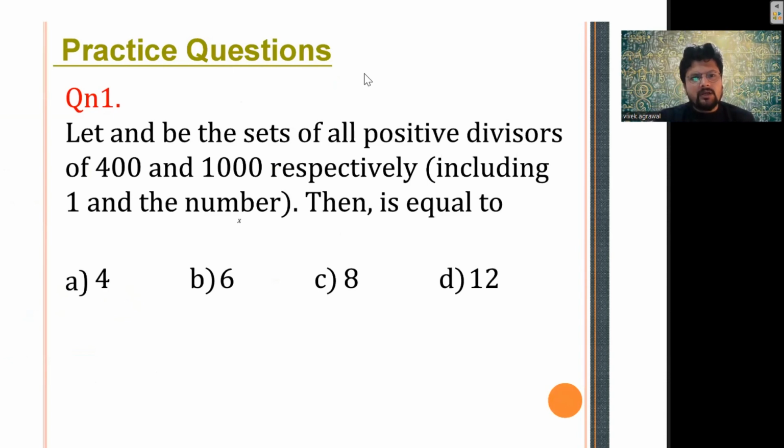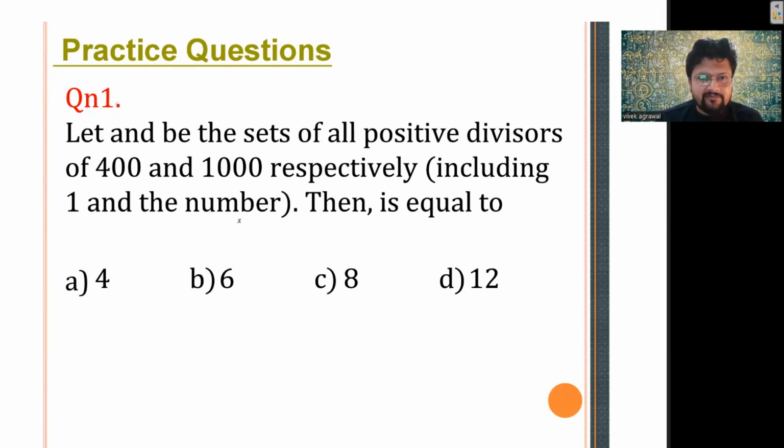Let A and B be the sets of all positive divisors of 400 and 1000 respectively, including 1 and the number. Then... there is some mistake actually.